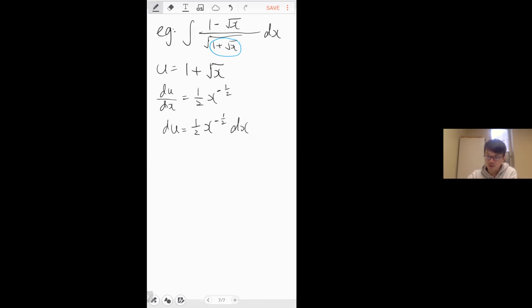Okay, so du equals 1/2 times x to the negative 1/2 dx. I want to put dx in terms of u, so you multiply by 2. I mean, you divide by 1/2 and then divide by x to the negative 1/2.